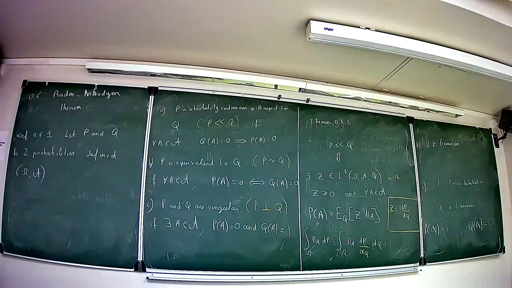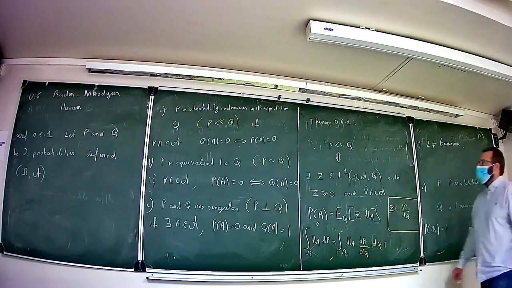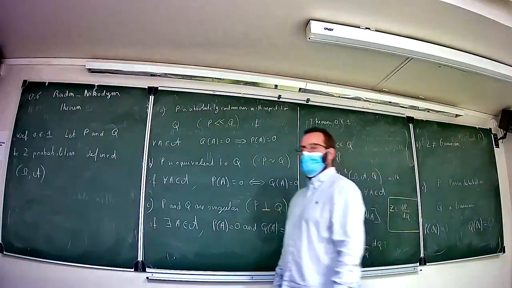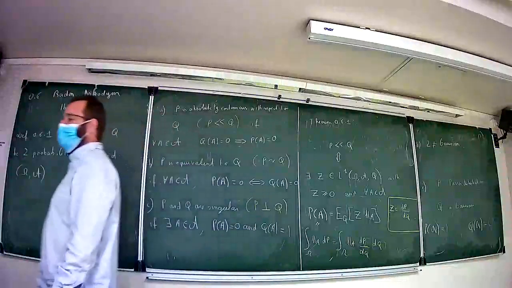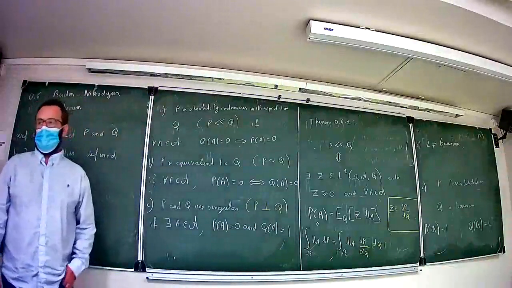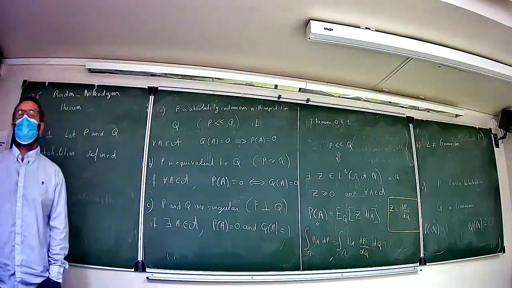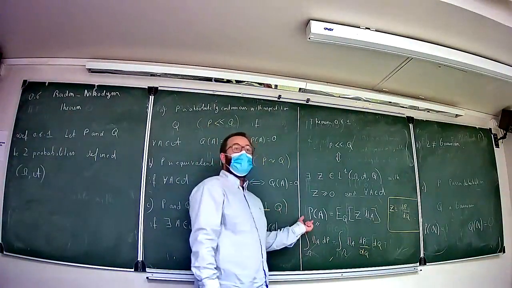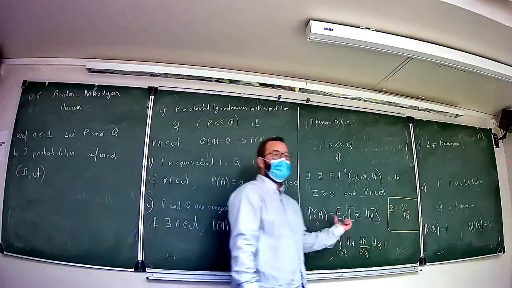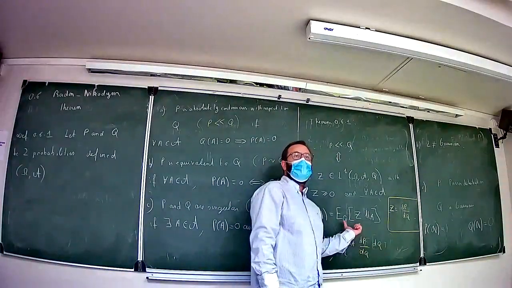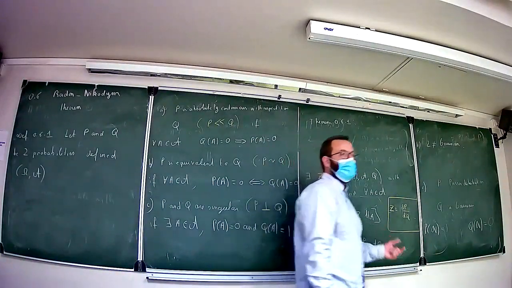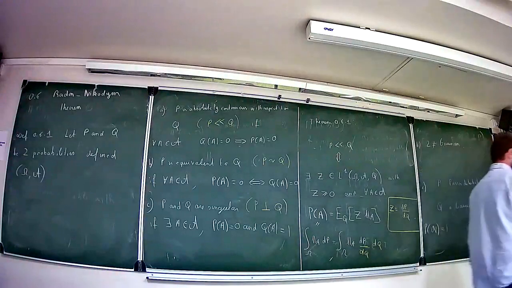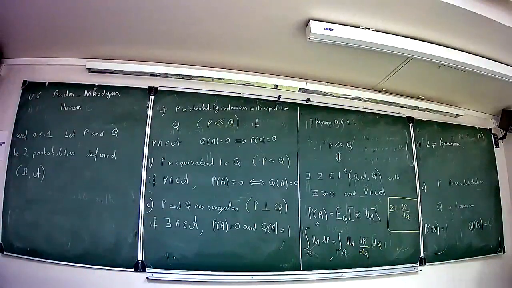So in other words, I repeat, what you have to keep in mind for this course is that if P is absolutely continuous with respect to Q, P has a density with respect to Q in the sense that we have this. In order to compute P of A, it's just the expectation under Q of the indicator function of A multiplied by the random variable in L1.